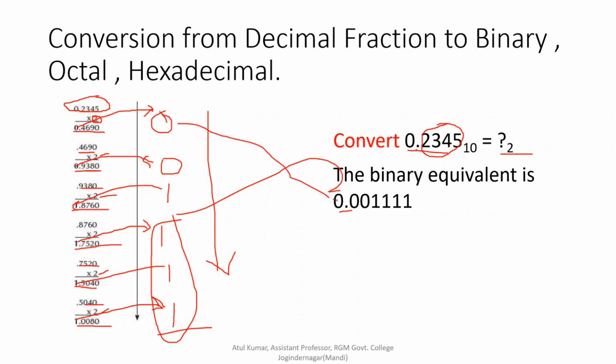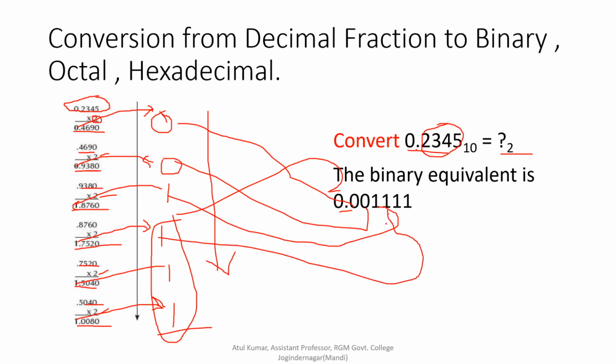So firstly we write 0 here, then again 0, then 1, then next 1, then again 1, then again 1. So this is the equivalent binary number for 0.2345.